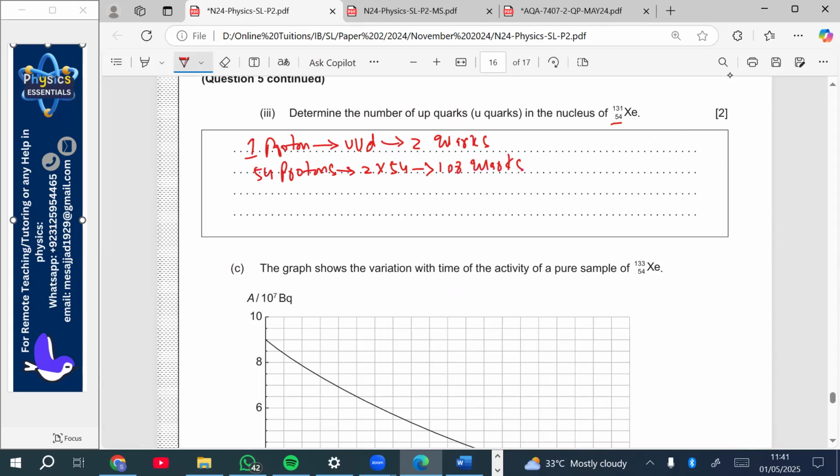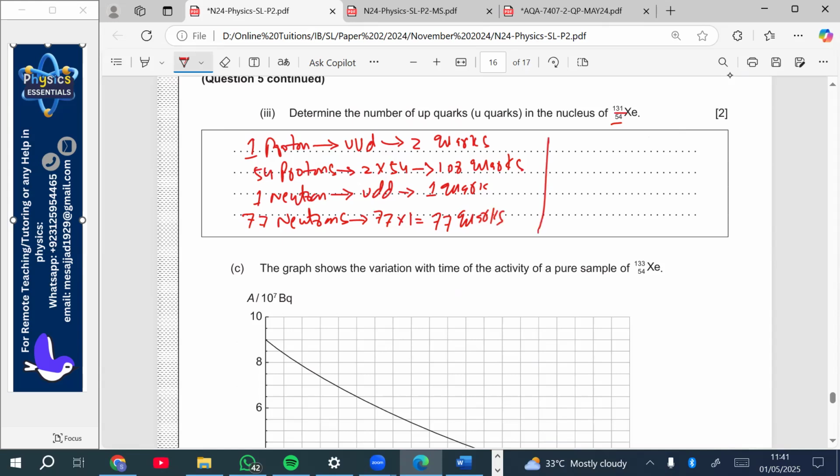And what about neutrons? You have 77 neutrons. First of all, one neutron has UDD structure, so just one quark. So 77 neutrons has 77 quarks.